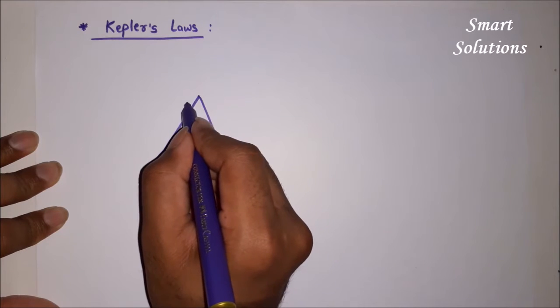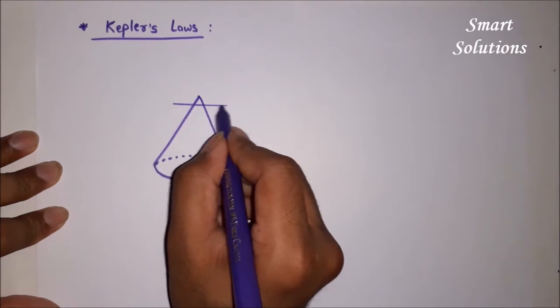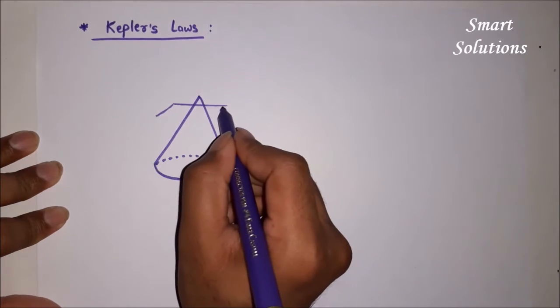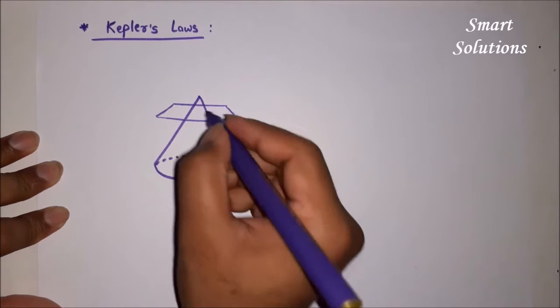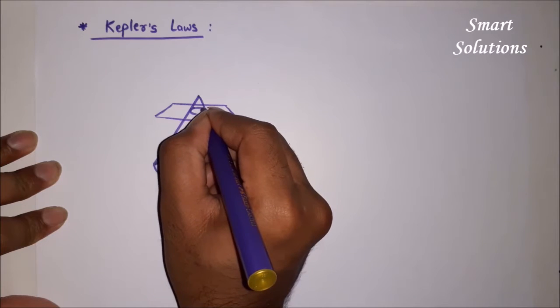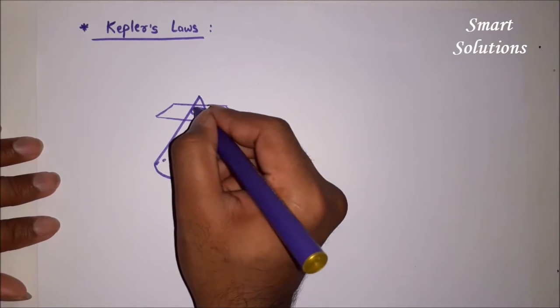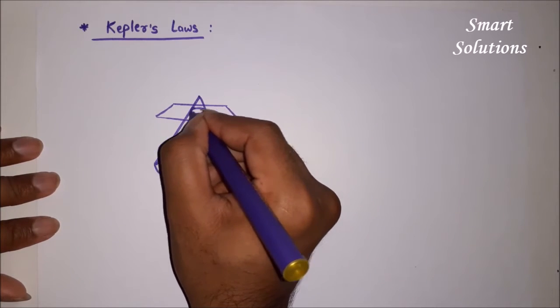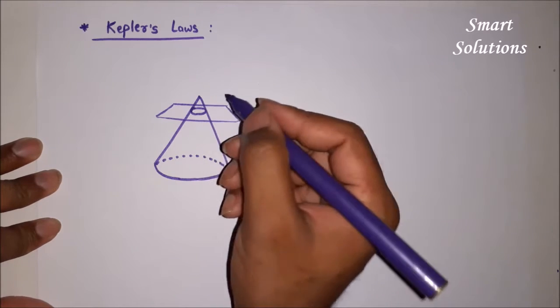Let us say that this is our plane where we are trying to cut this cone. So after cutting, if you see from top, it will be a hollow circle now.